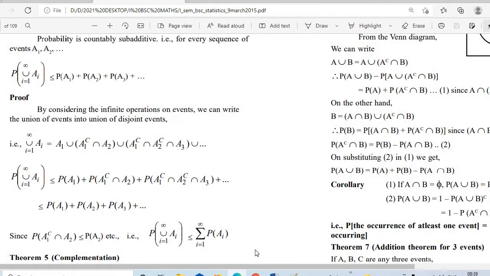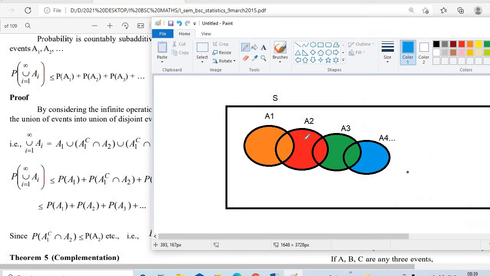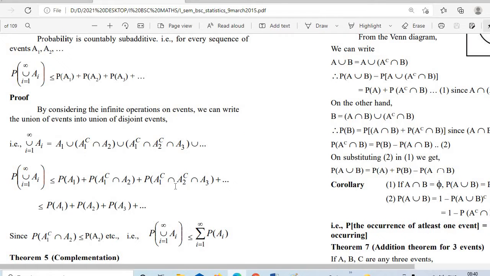A1 complement intersection A2, that is the red region, is a subset of the entire A2 region. So you can use the bigger probability, that is probability of A2. And A1 complement intersection A2 complement intersection A3 is a subset of A3, so this probability is less than or equal to probability of A3.